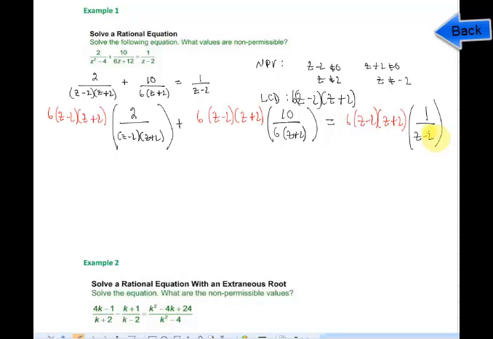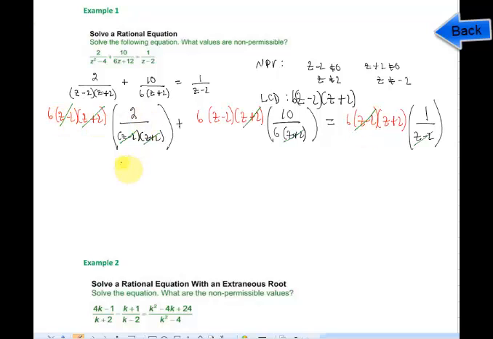Okay, and so next we're going to reduce what we can. So over on the left here we can reduce the z plus 2 and the z minus 2. And then in the middle we can reduce the z plus 2. And on the far right we can reduce the z minus 2. Okay, so what are we left with?